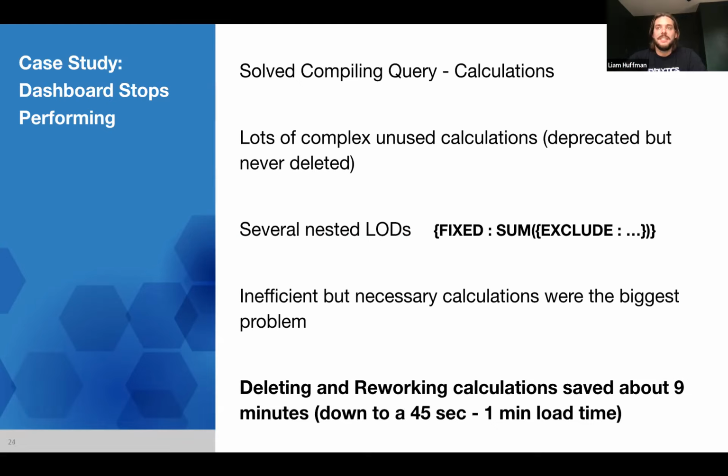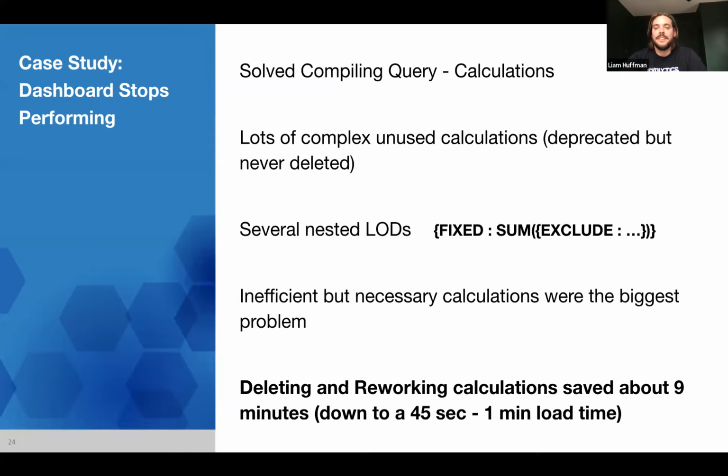So like I had said, this dashboard had been handled by several people over the years, which means that there were a lot of complex and unused calculations in the workbook. Some of them, people had inherited the workbook, realized they didn't quite understand what the original calculation was doing, and would rebuild it. In theory, not an issue. We always want people to understand what they're doing in the workbook.